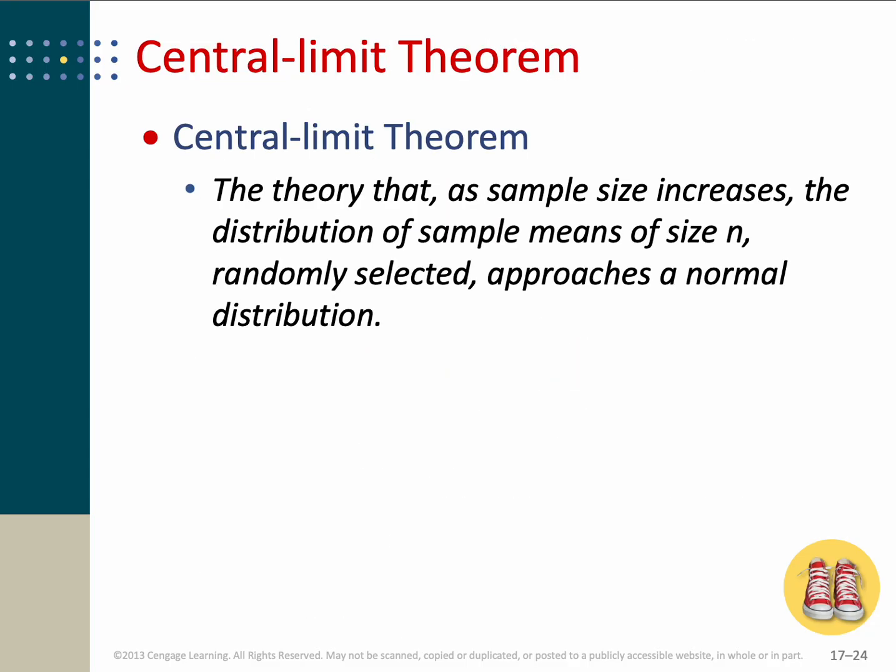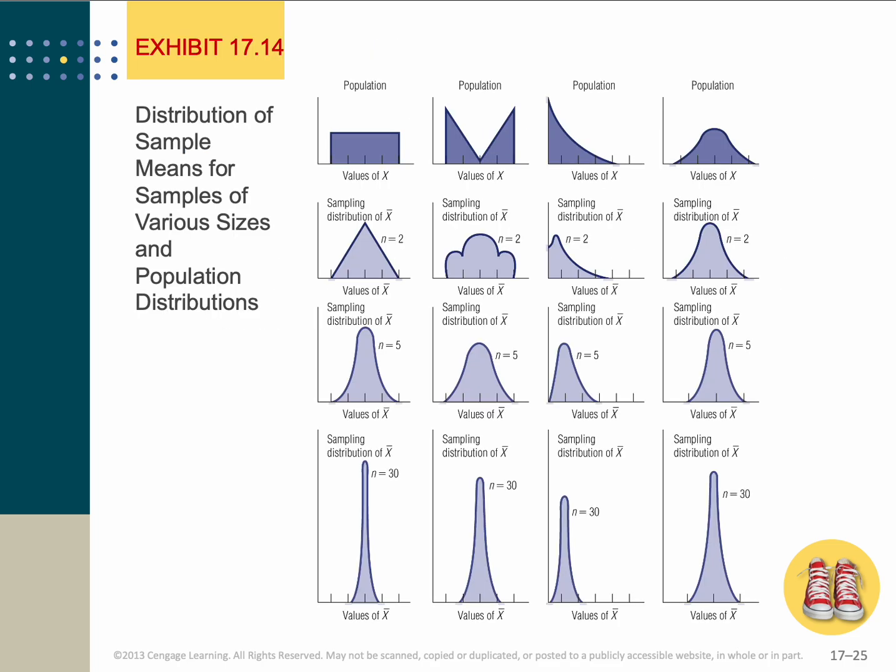Central limit theorem: as the sample size increases, it becomes a normal distribution, because you're more and more in the population, and it's going to fill it out, and it's going to take that shape, sort of like that.